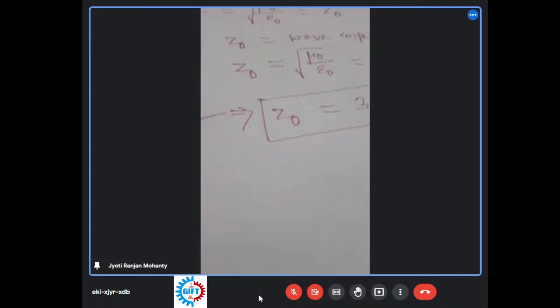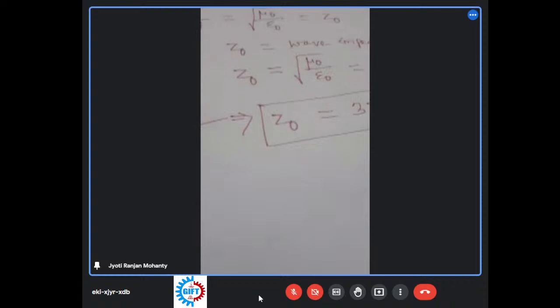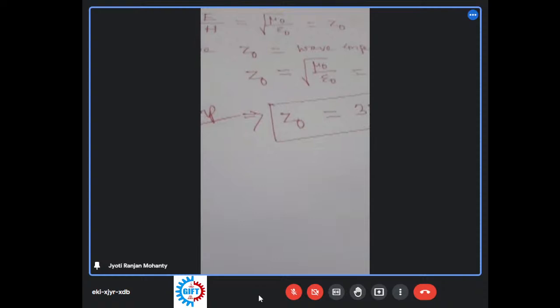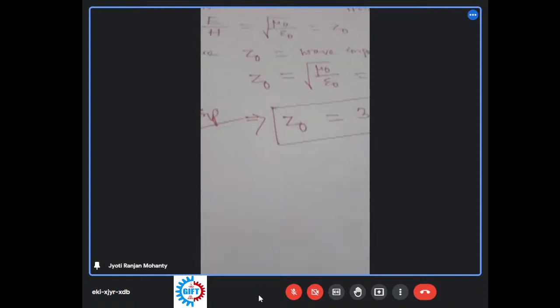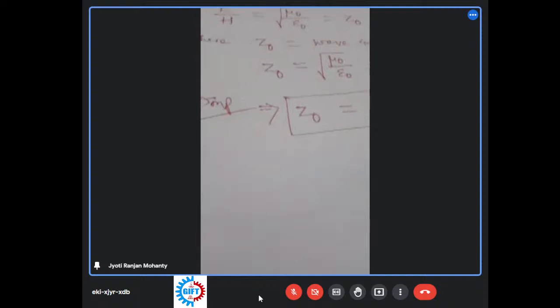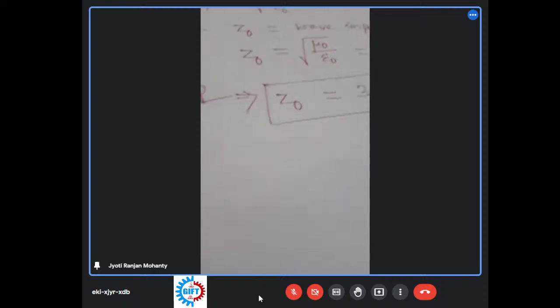Om Mahapatra. Subhalakshmi. Aman Ujjwal Topo. Topo is there. All have slept. Pritam Chakrabarti.